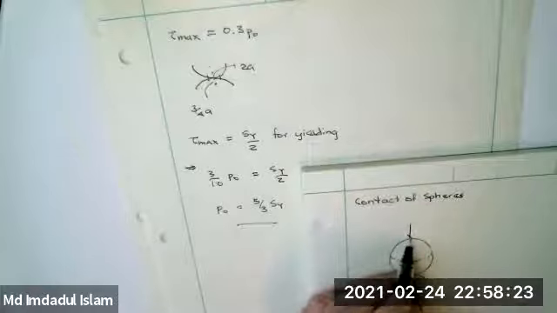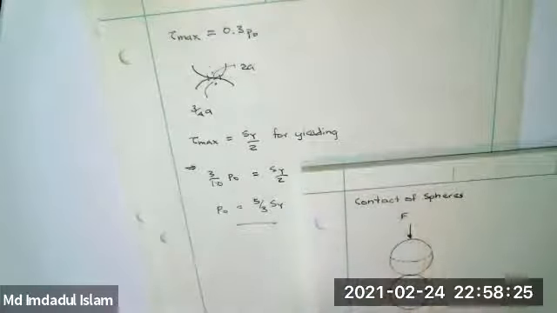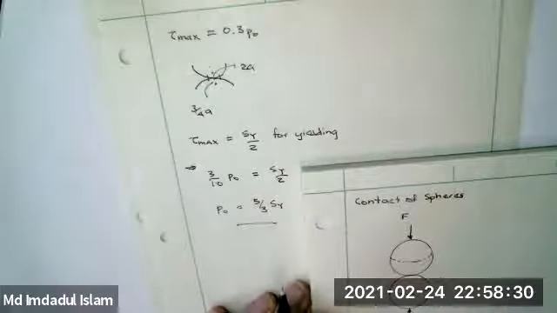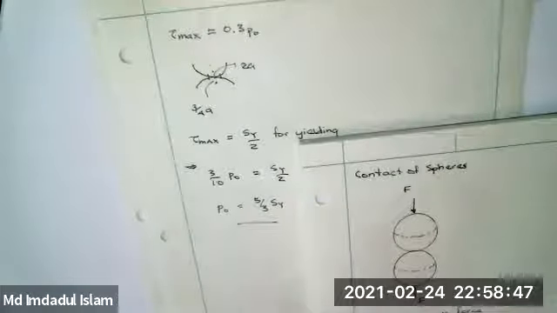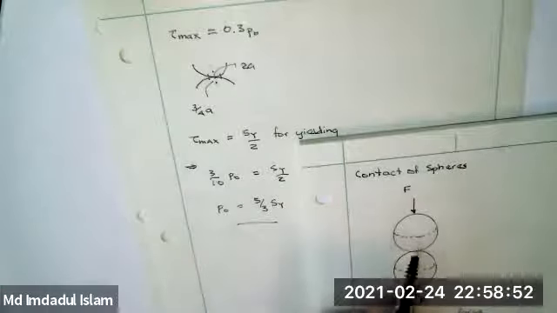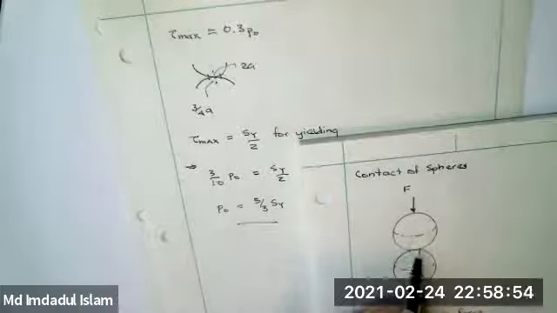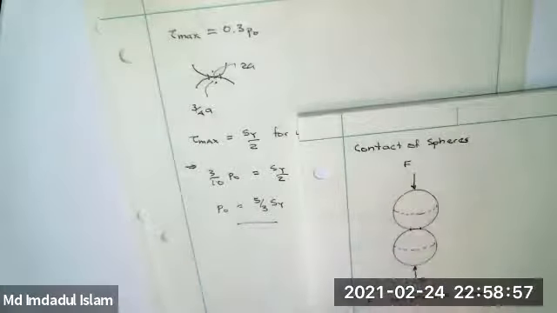And this force, we'll just call it F. F is the compressive force. There's no longer any out of plane length. Okay, these are circular things. And so what's going to happen here is you're going to get a contact region in here, and that contact region will look like a circle itself.